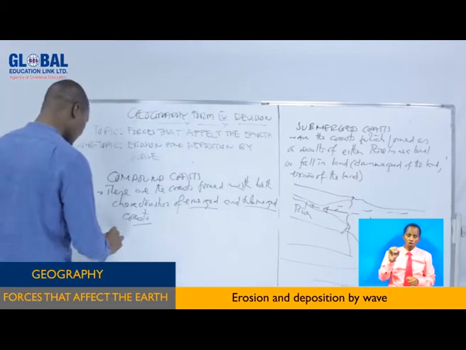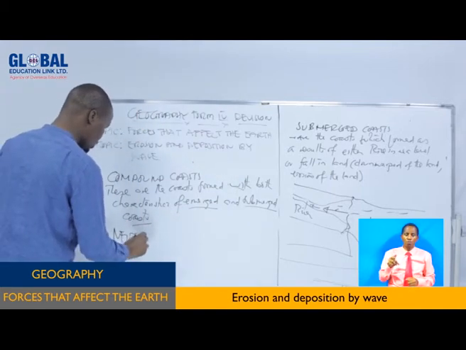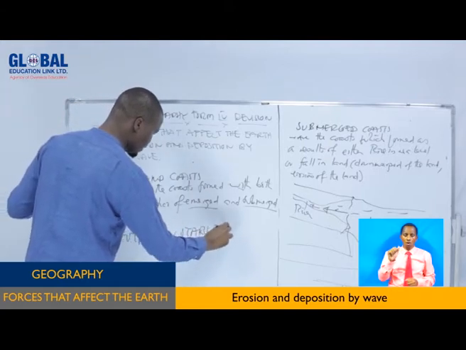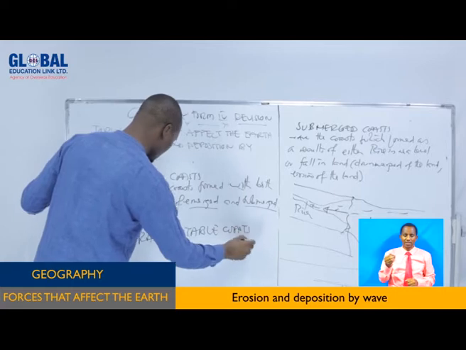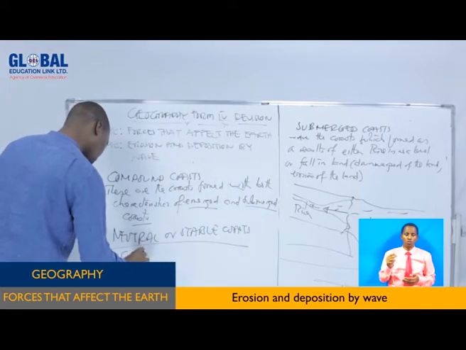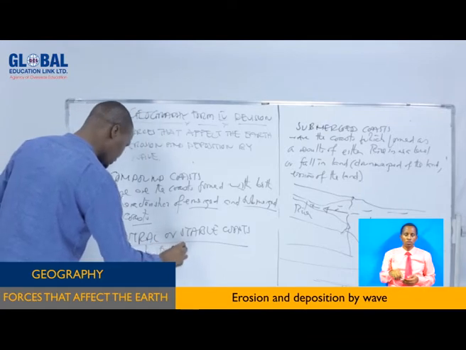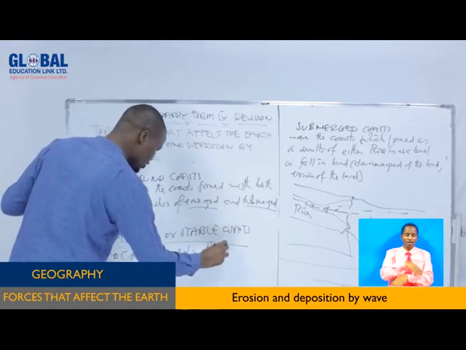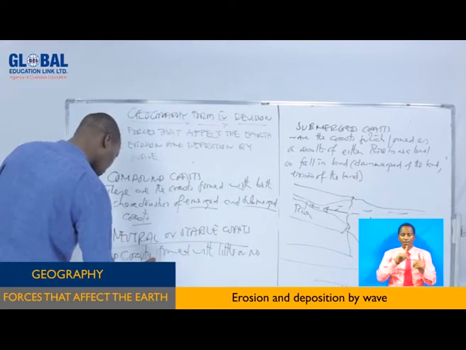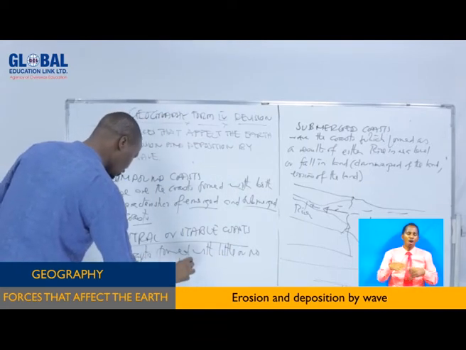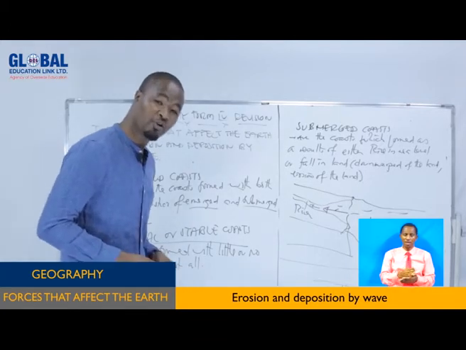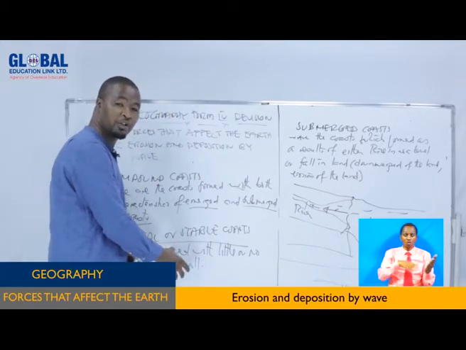The last one is the neutral or stable coast. These are coasts formed with little or no changes at all. It means no erosion or little erosion, no deposition or little deposition.